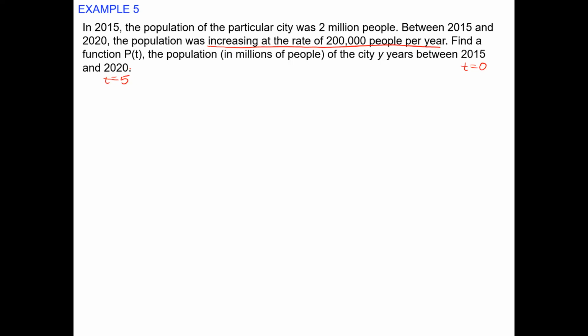We know that it's a linear relation: mx, where x is time, plus b. We know the slope. The slope is the rate of change of this population, 200,000 people per year, but in millions, moving 6 decimal points, it will be 0.2 million people per 1 year.